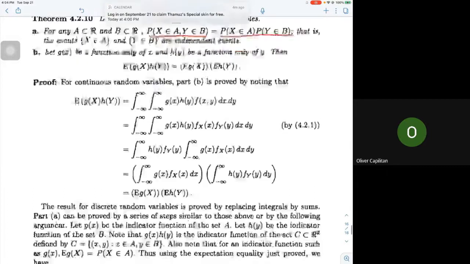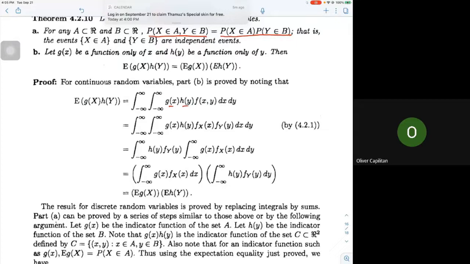Okay, let's proceed. For the continuous case, the expectation of the product g of x, h of y, by definition, is the integral of g of small x, h of small y, and then the joint probability density function, dx dy, evaluated from negative infinity to positive infinity.